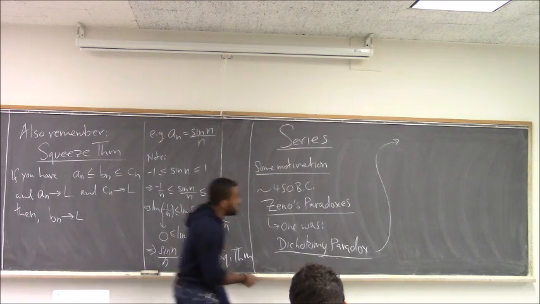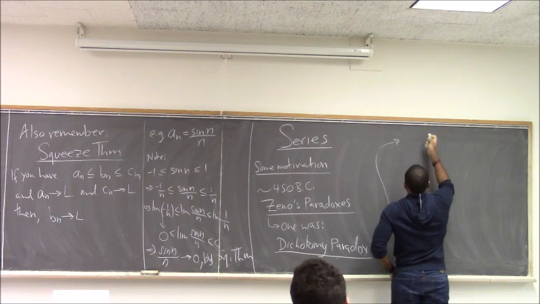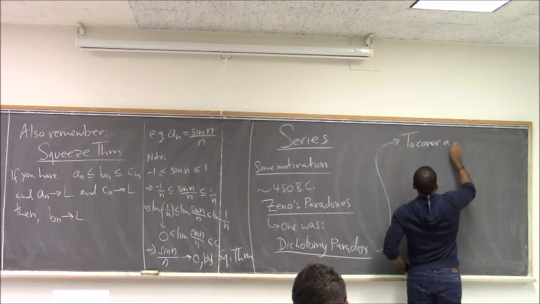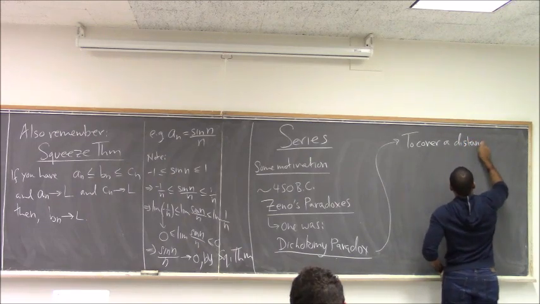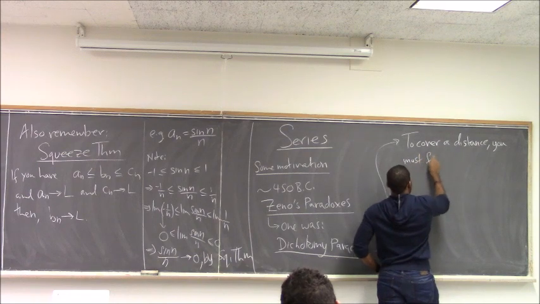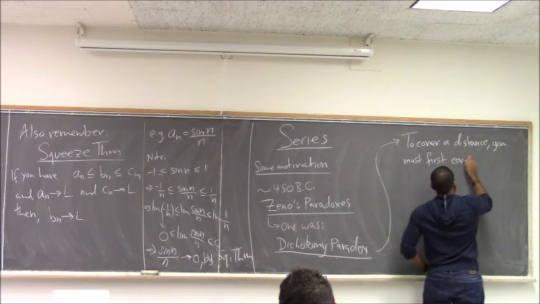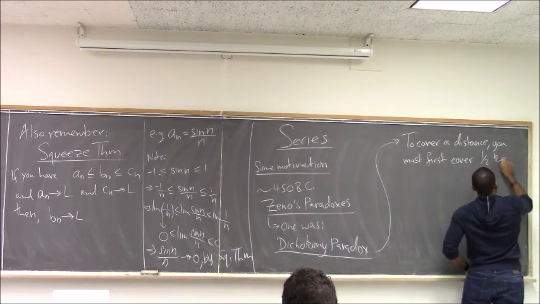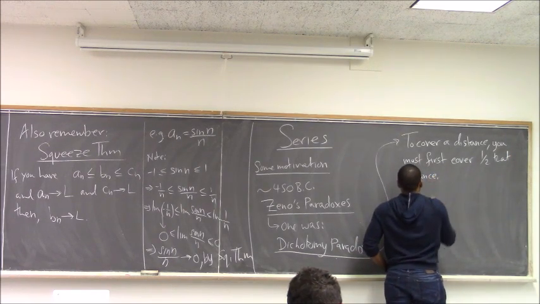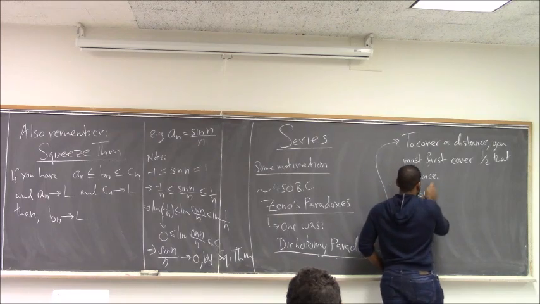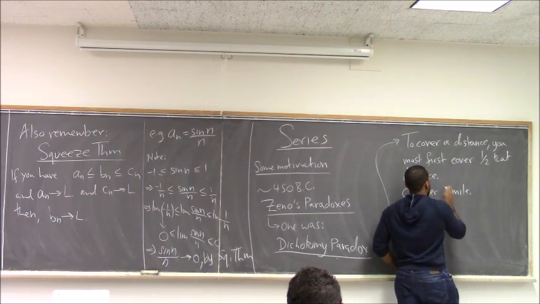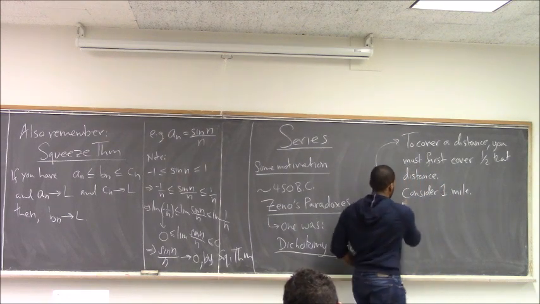So he mentioned something like, to cover a distance, you must first cover half that distance. Right? So now he's like, consider a mile. Like 1 mile. How can you travel 1 mile?